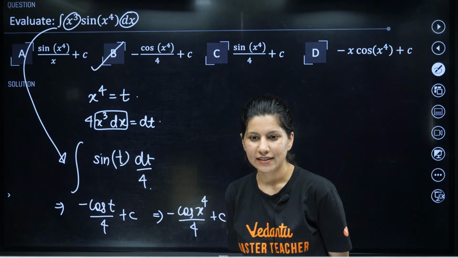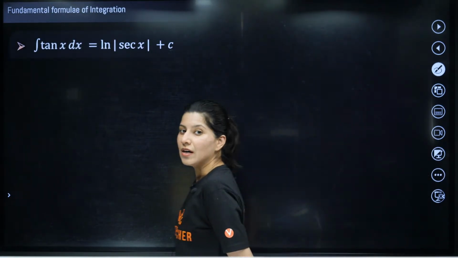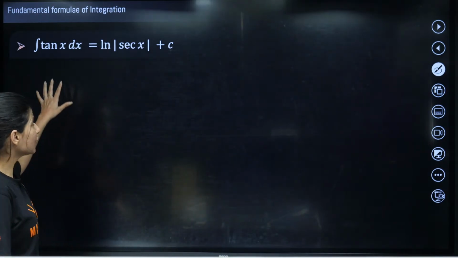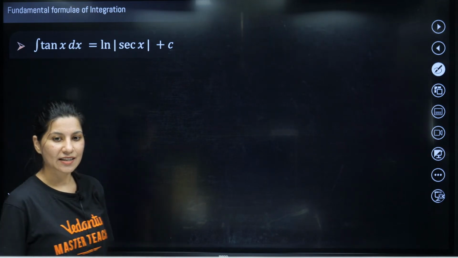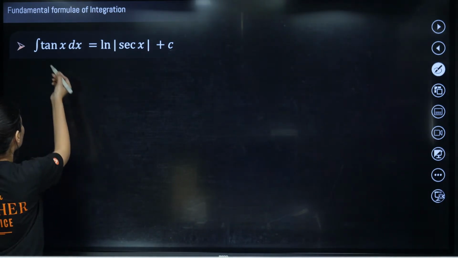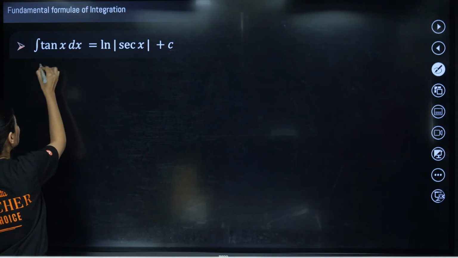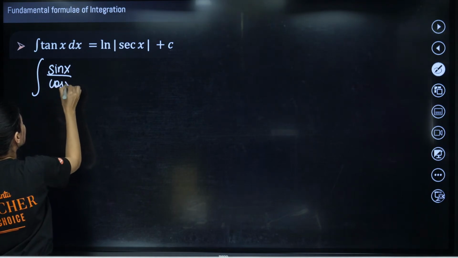Now, one more formula of integration: the integration of tan x is log of sec x. Let us have a small proof. Tan x we write as sin x upon cos x dx.